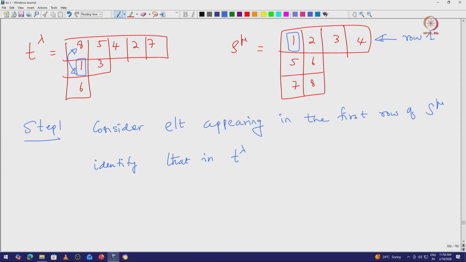So, that is what we did, and what we want to do is switch that element.